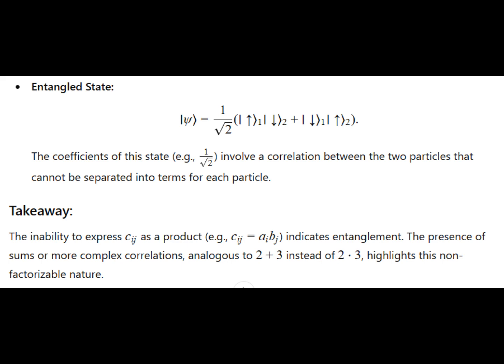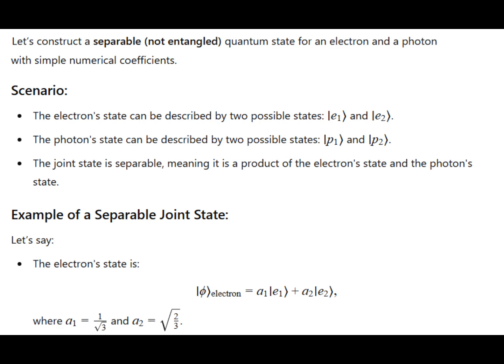The inability to express C sub ij as a product, e.g., C sub ij equals A sub i, B sub j, indicates entanglement. The presence of sums or more complex correlations, analogous to 2 plus 3 instead of 2 times 3, highlights this non-factorizable nature.